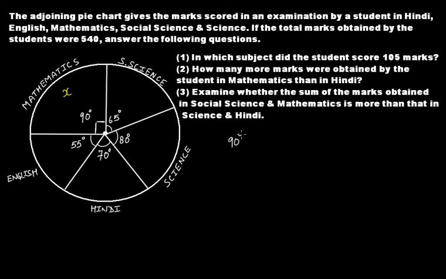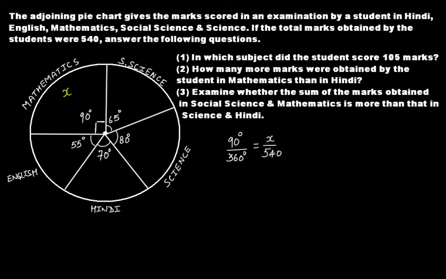So 90 degrees divided by 360 degrees gives the fraction of the whole that this sector represents. This ratio is equal to X by 540. The fraction from the angle will be equal to the fraction you get if you divide X by the total marks. We discussed this in the theoretical portion.